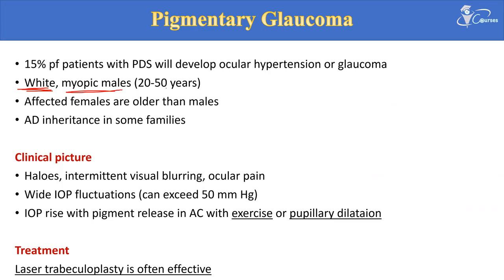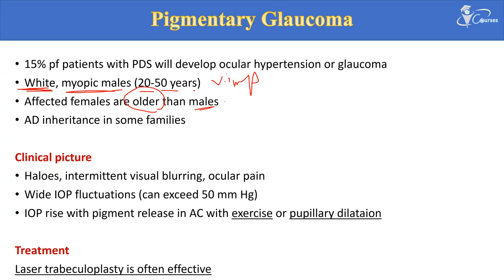White myopic males, 20 to 50 years old, very important in the exam, very commonly asked. It can also affect females, but if it does, they will be older than males.